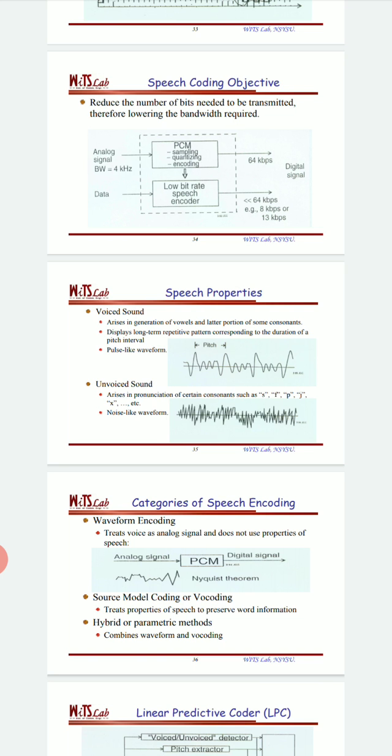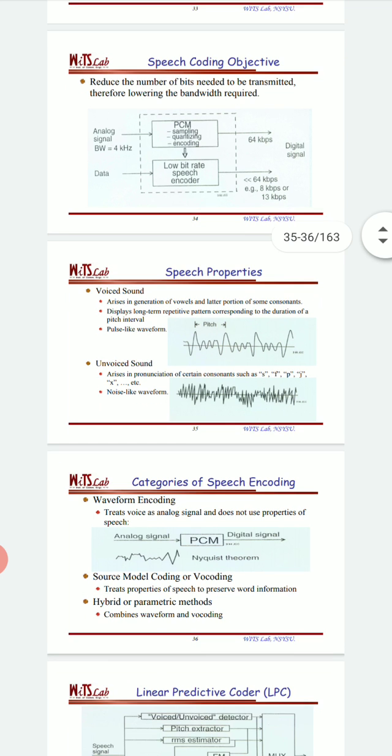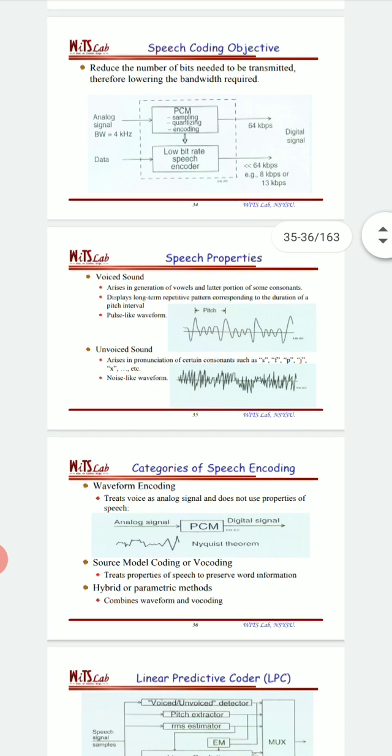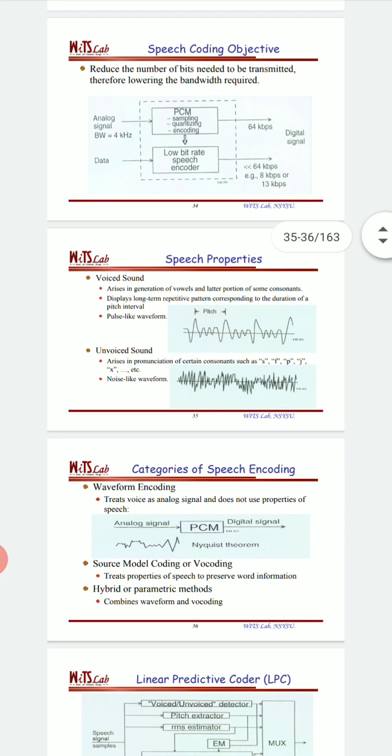So we can take that signal from the PCM and lower the bit rate by lowering the bandwidth. When we use PCM, the bit rate is 64 kilobits per second. But when we use speech coding, we lower that bit rate to 8 or 13 kilobits per second.